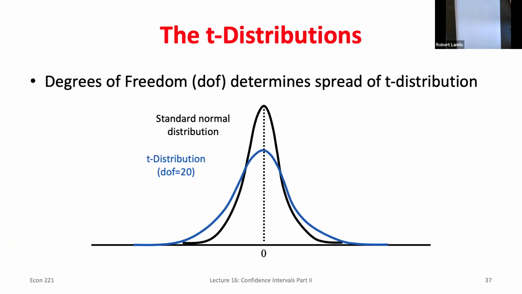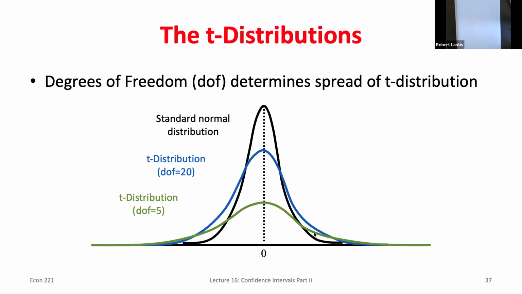If I had a student t distribution where my degrees of freedom was 20, it's going to be a little bit more spread out, still symmetric around 0, meaning it's more likely that I see values further from that mean of 0. If I then looked at degrees of freedom of 5, even lower, it's even more spread out.